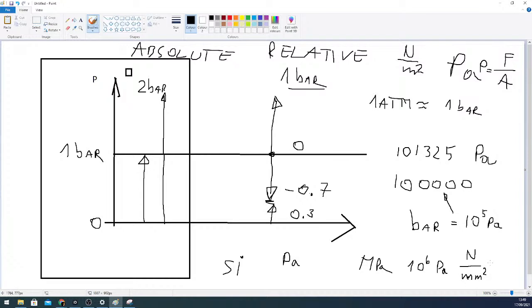In calculations, my recommendation is always to use megapascals. Because if we use megapascals in calculations, we already have millimeters as a unit. And usually when we calculate hydraulic and pneumatic systems, we are interested, for example, in the size of the cylinder bore size.